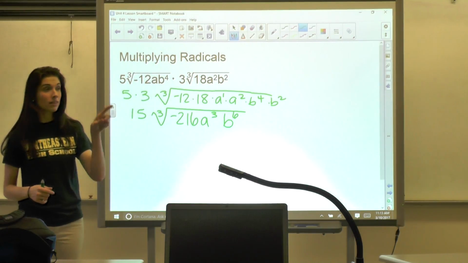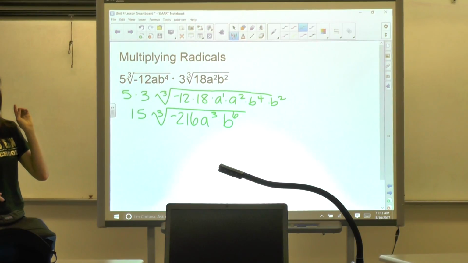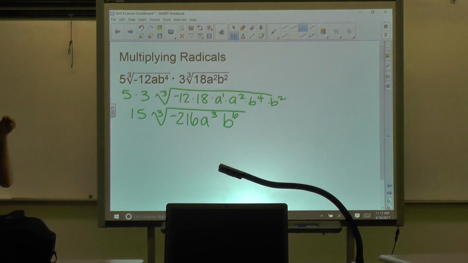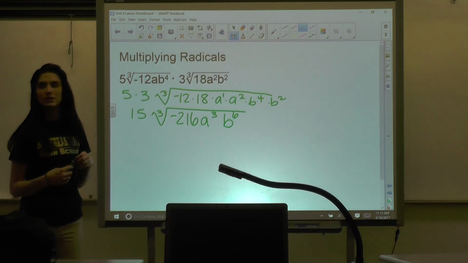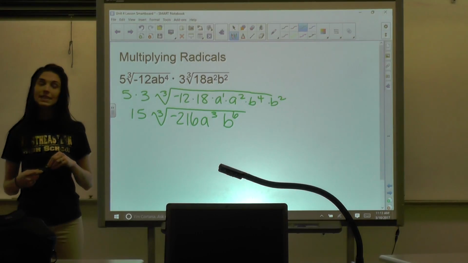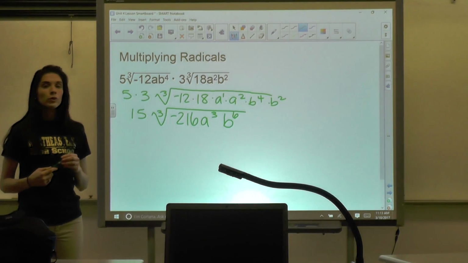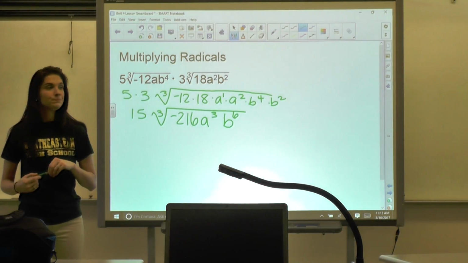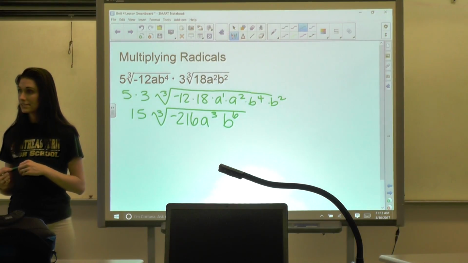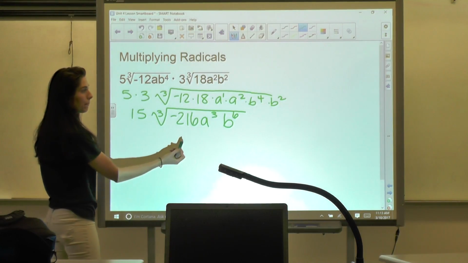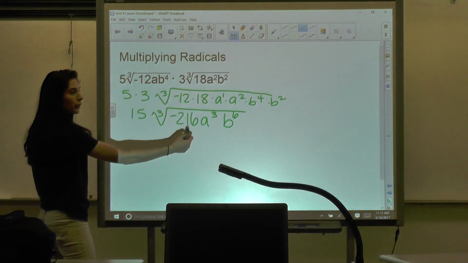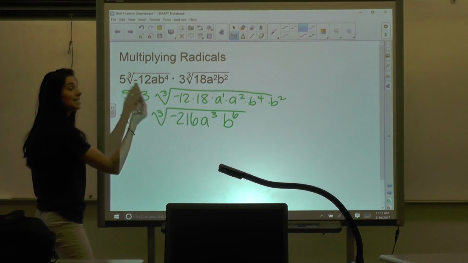Hit math, and under the math, the cube root is in there. So what is the cube root of negative 216? Negative 6. Okay? So the cube root of negative 216 is negative 6.